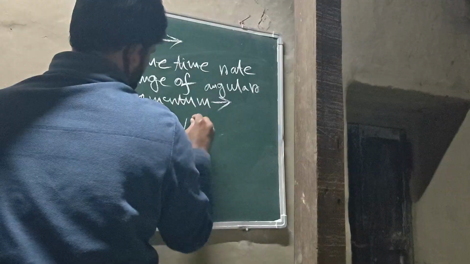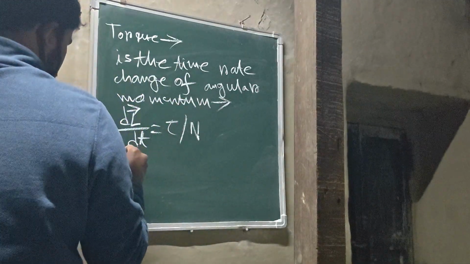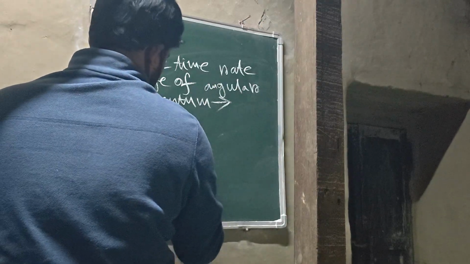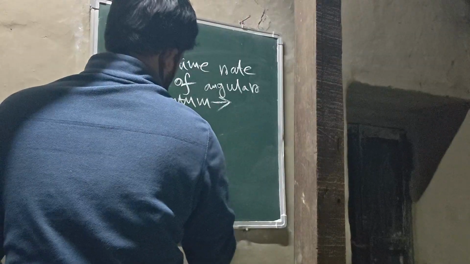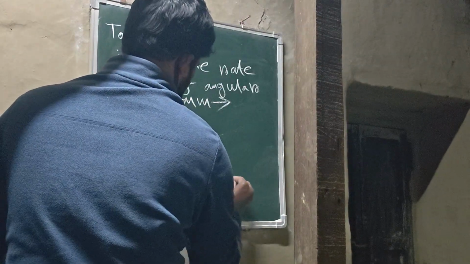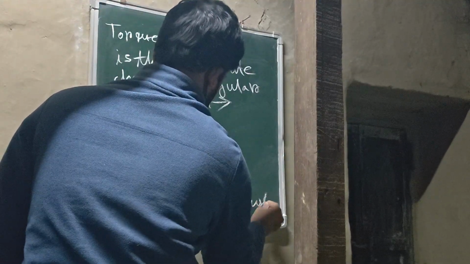We denote it tau or N. Now if N equals 0, that means dL/dt equals 0 or integration dL equals 0 or L equals constant.